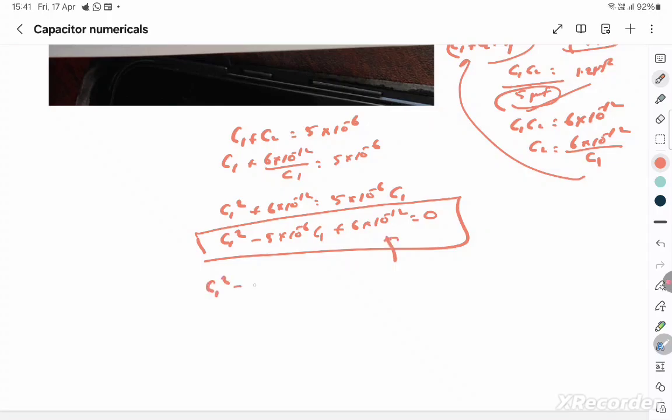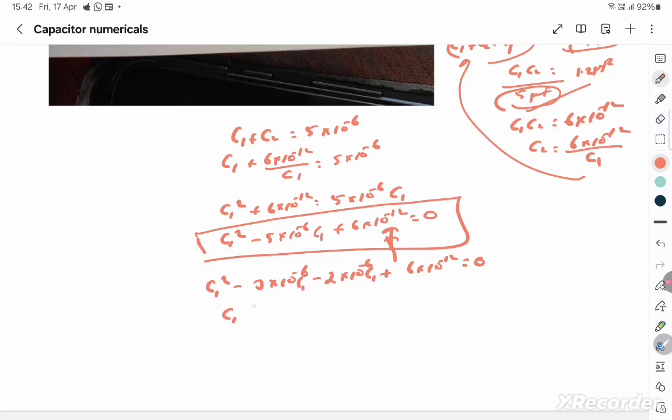So C1 square minus 3 into 10 to the power minus 6 minus 2 into 10 to the power minus 6, whose product gives 10 to the power minus 12, with C1, and 6 into 10 to the power minus 12 is equal to 0. Therefore the capacitances are 2 microfarad and 3 microfarad.